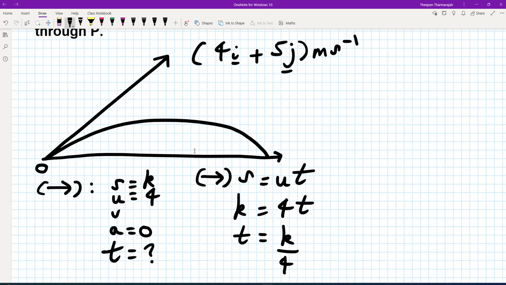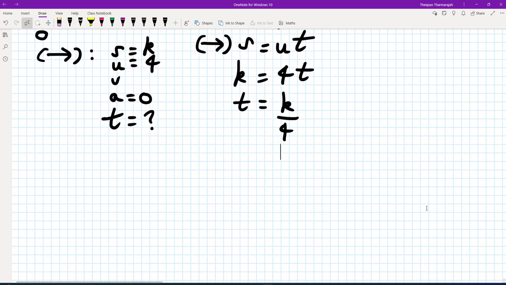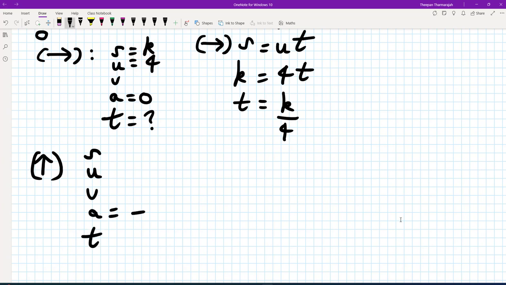So now that we know our time of flight, we can take the vertical sense. So we can now do a suvat vertically. So a is going to be minus g. Then the time of flight we just worked out is k over 4.